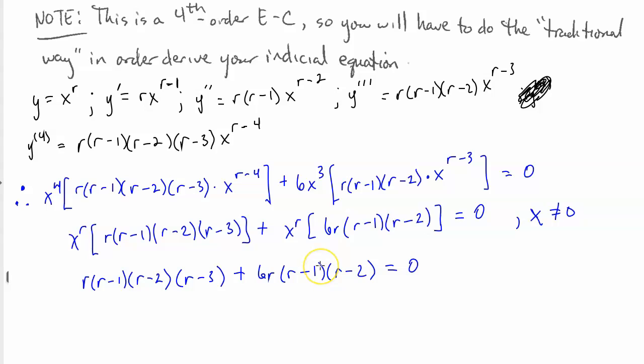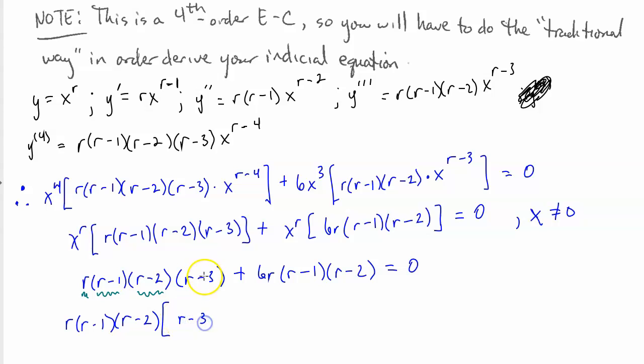And from here, if we factor out like terms, we'll see here we have r minus 1 and r minus 2 that are like terms. So we can factor that out of both terms here. And if we do, we have r times r minus 1 times r minus 2.